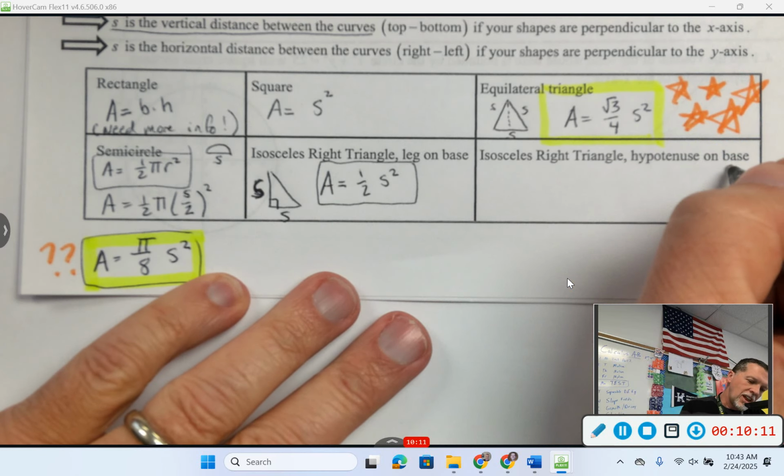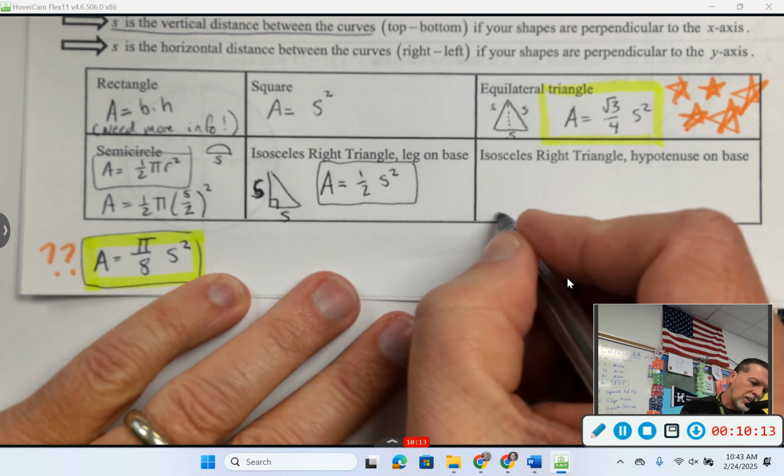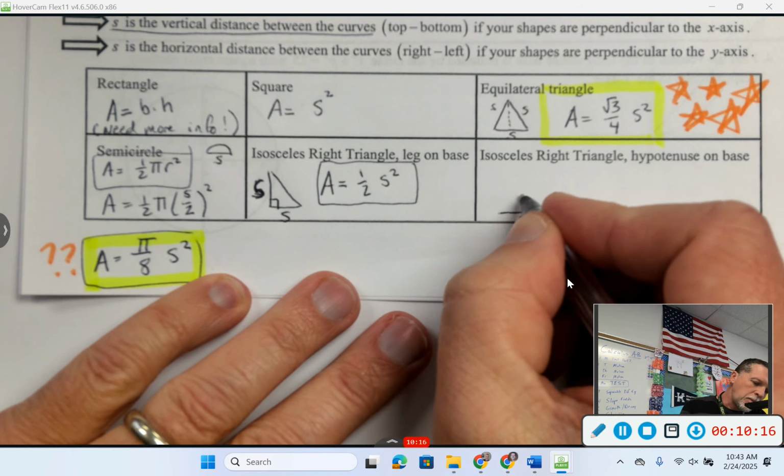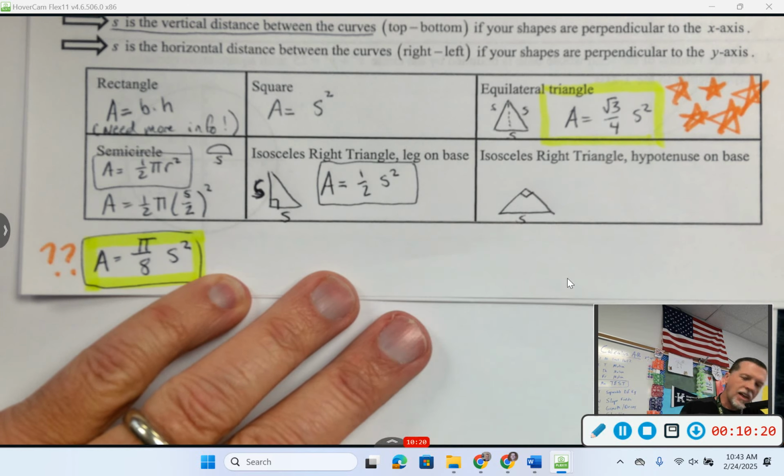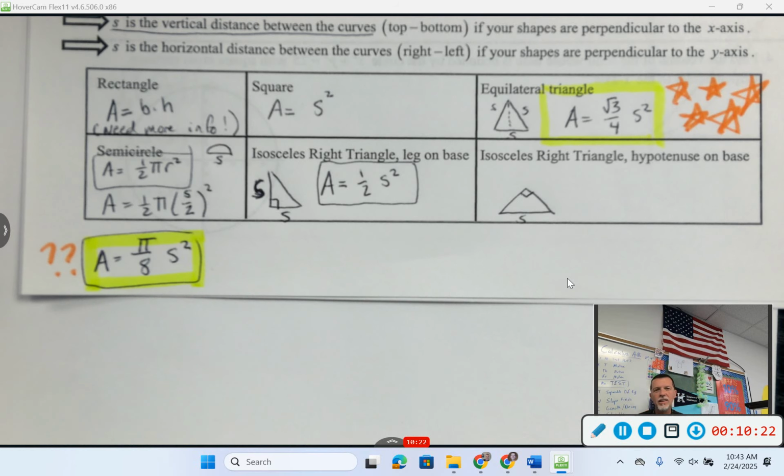Isosceles triangle, hypotenuse on the base. So this time the base, that s, is the hypotenuse. This one, again, you could go through some trig to figure it out.